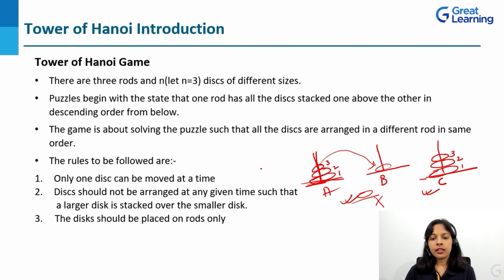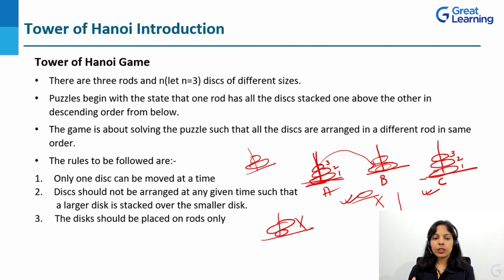And that order is largest disk at the bottom, and then the smaller one above it. If suppose you have to place disks 2 and 3 on tower B, then 2 is the larger disk, then 3. So disk 2 should be below, and then 3 should be over here. It should not be that the smaller one is at the bottom and the larger one is above it. So this is not allowed.